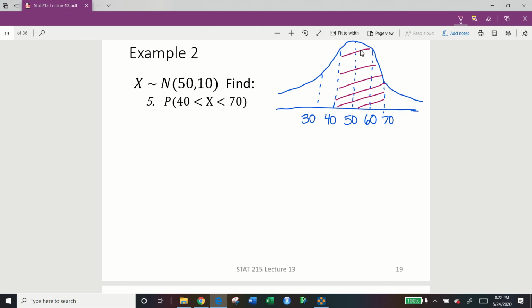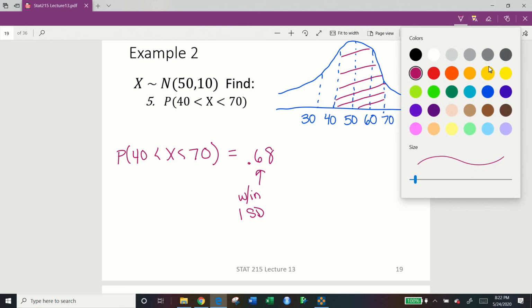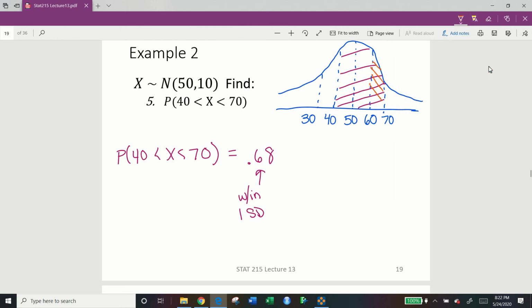Now from 40 to 60, that part's pretty easy. We know that's going to be 68% because that's within one standard deviation. Now the issue is going to come in when we're trying to figure out this piece right here.